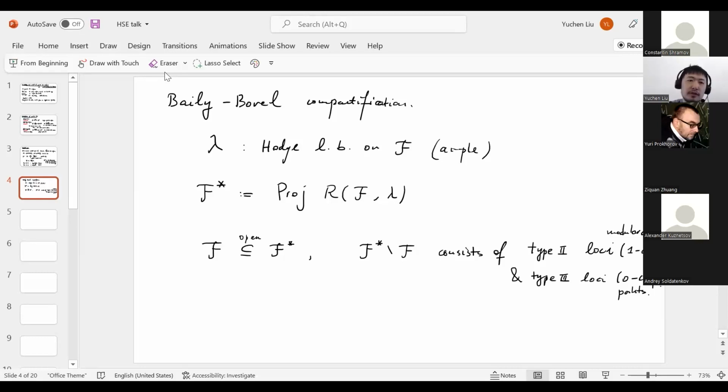So type 2 degeneration will correspond to a bunch of surfaces whose dual complex are like a triangulation of a line segment.